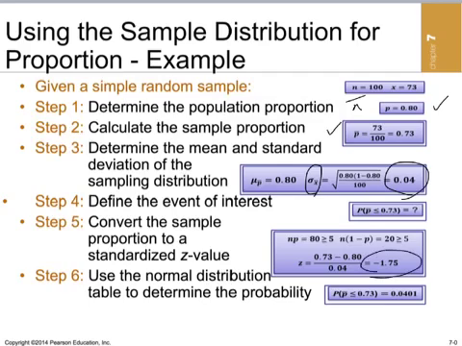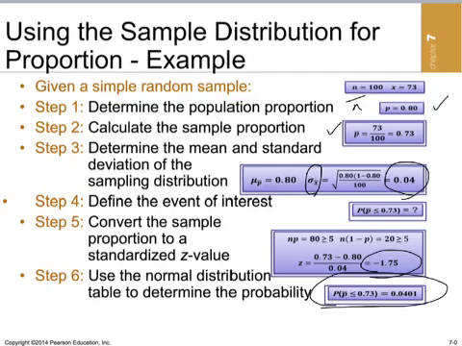If we look up 1.75 in the z table, the area that we will find, and when you subtract it from 0.5 to get the area in the tail, will give us the probability of p bar being less than or equal to 0.73. All right.